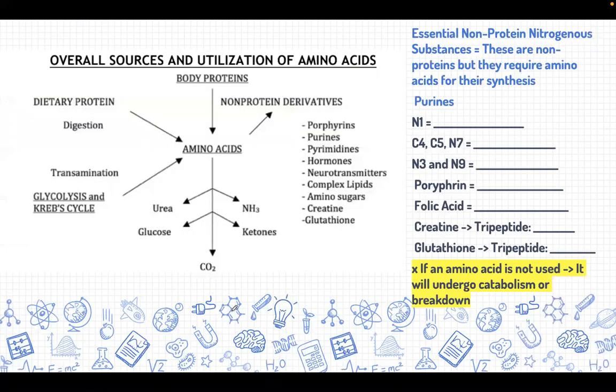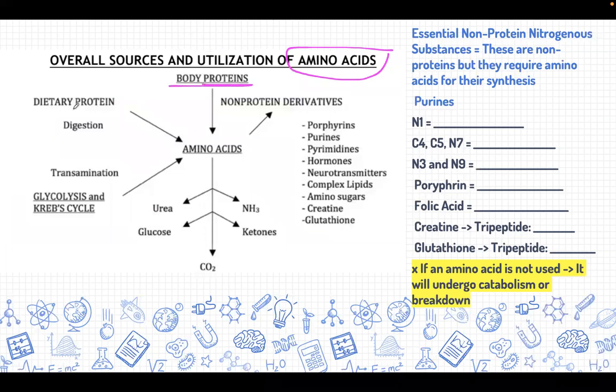So next, these are the overall sources and utilization of your amino acids, particularly amino acids ang pinag-uusapan natin. So again, our body patuloy na nagsisynthesize yan ng mga proteins. Okay? Depende yun sa intake ng ating dietary protein, pwedeng galing sa food na kinakain natin or pwedeng galing talaga naturally from our body. So ito yun.